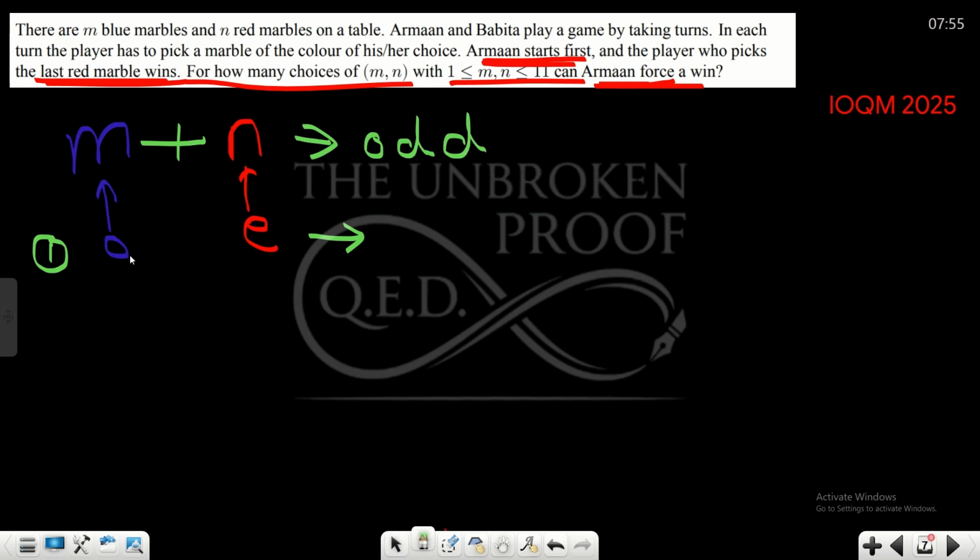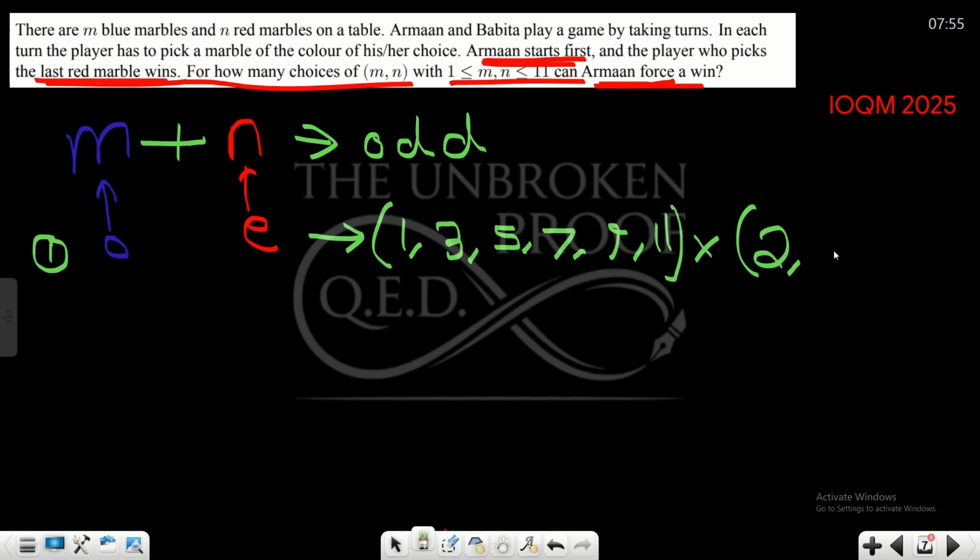Now if you see, M should be odd, so it can be either 1 or 3 or 5, 7, 9 and 11, correct? And N even can be either 2 or 4 or 6 or 8 or 10, correct?